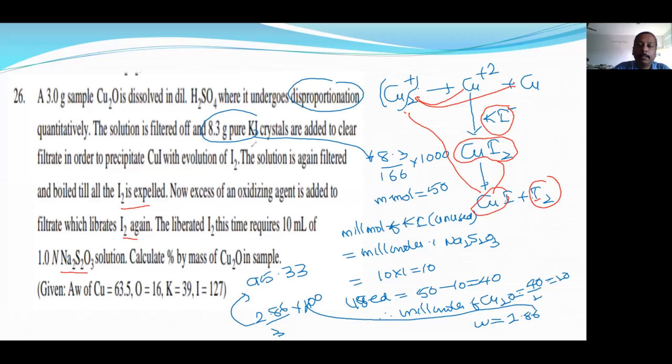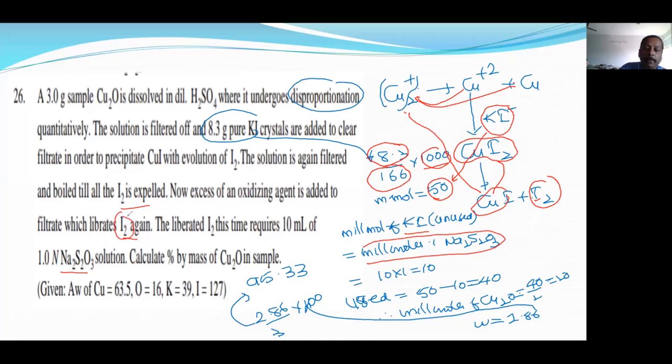Now here mass is given. Mass needs to be converted to millimoles, so for moles you divide by the molecular mass, 166, and for milli you multiply by 1000. Millimoles of iodine we already have at the start, after the reaction, is 50. Then the millimoles of KI consumed equal the millimoles of Na2S2O3 used.